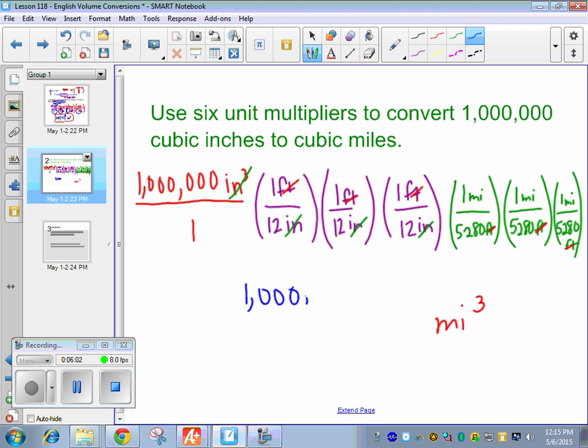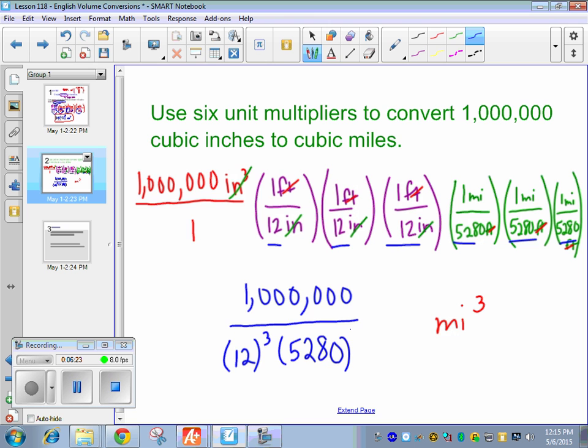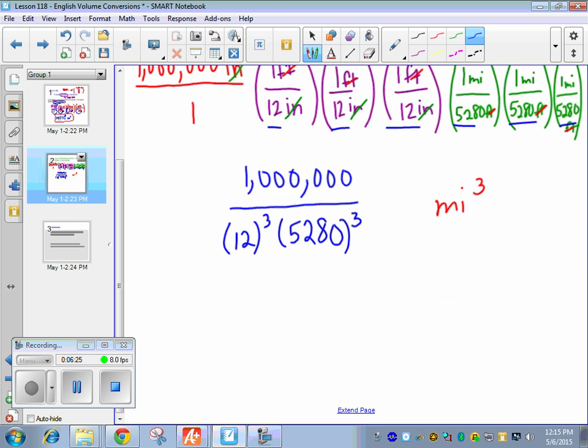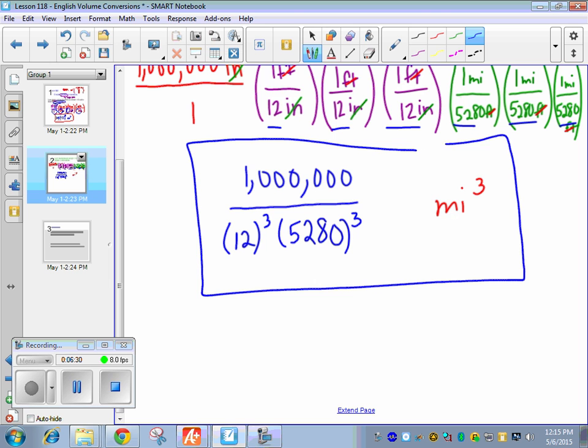All right, so we have 1 million in the numerator. And in the bottom, I have 1 times 12 times 12 times 12. So we really just need to write this guy cubed, and it has to be in the denominator. And then we're going to write this one also cubed in the denominator. And then make sure you have your units, miles cubed. And that's our answer.